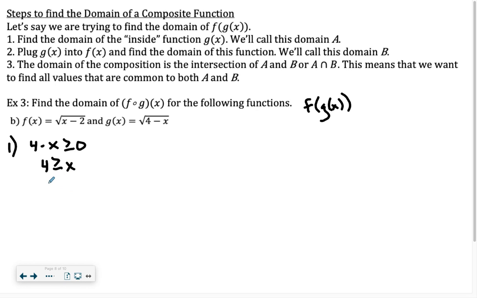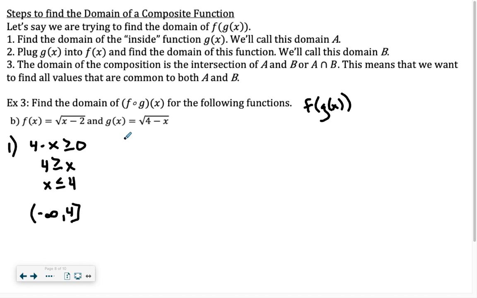And to make that look a little nicer, we can just flip the whole thing around and say x is less than or equal to 4. So that's the domain for g of x. And again, we can write that in interval notation. If we want everything less than or equal to 4, that would be negative infinity up to 4. And I would include 4 because we're saying it's less than or equal to.